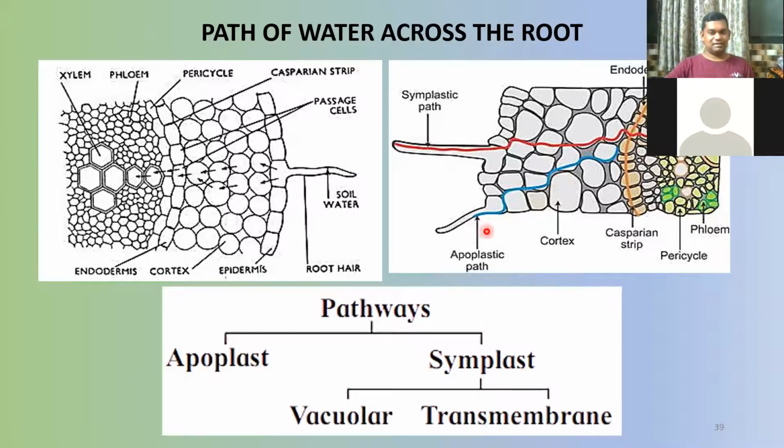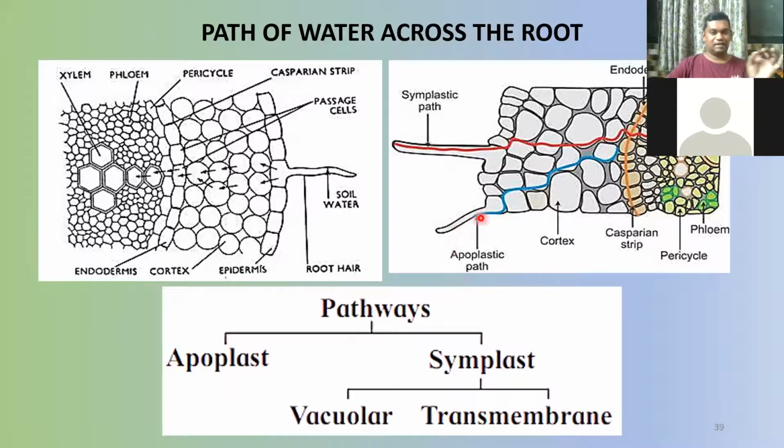Crossing the path between the cells. Those spaces are there between the cells. It is crossing through. So when water goes by like that, it is not entering into any cell. It is just crossing the spaces in between and then reaching the xylem. उसको बोलेंगे apoplast.